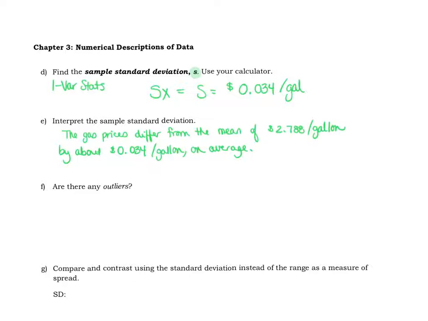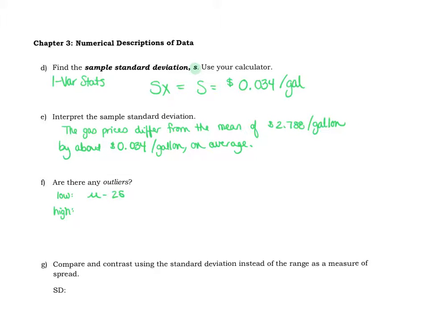And again, you can start to tailor that to a way that fits you and how you like to phrase it. All right, are there any outliers? Remember, we're going to be looking at two standard deviations below and above the mean, the low end and the high end. This is an x bar because we're talking about a sample. So x bar minus 2s, on the high end x bar plus 2s.